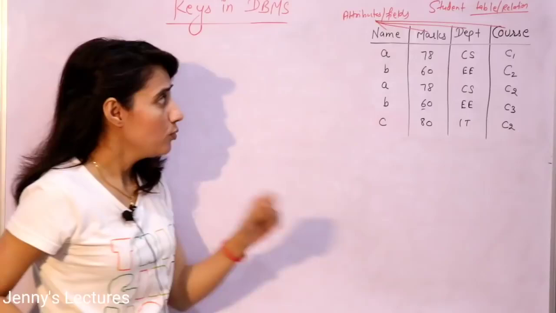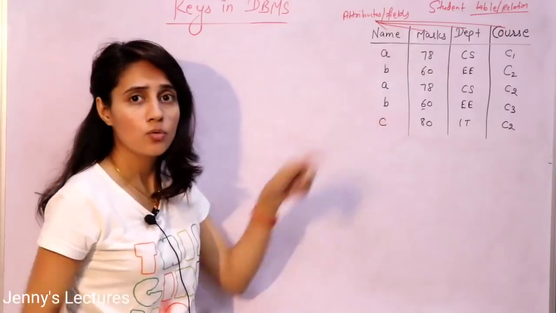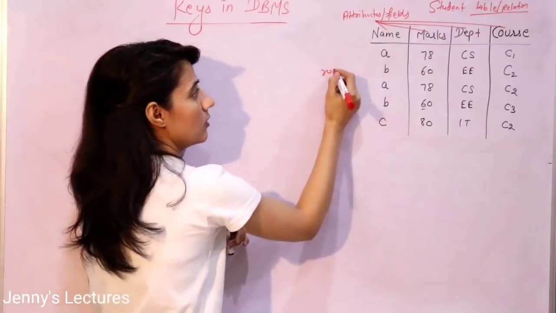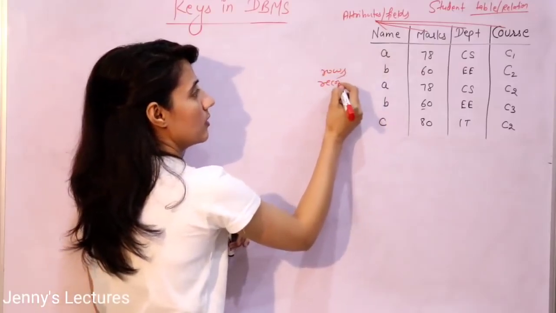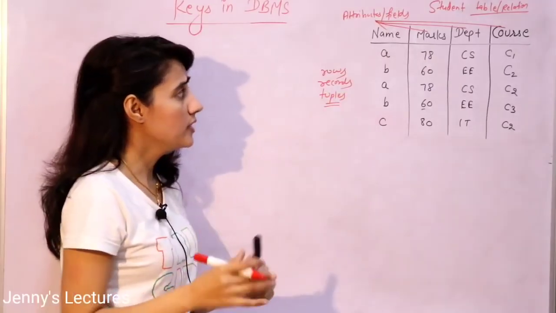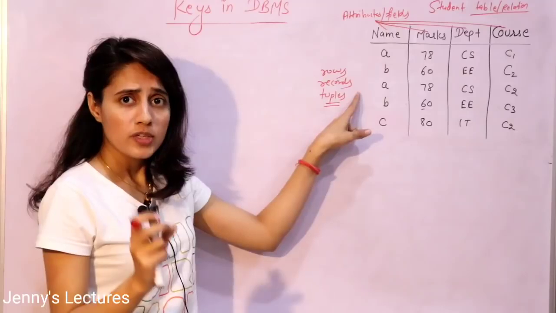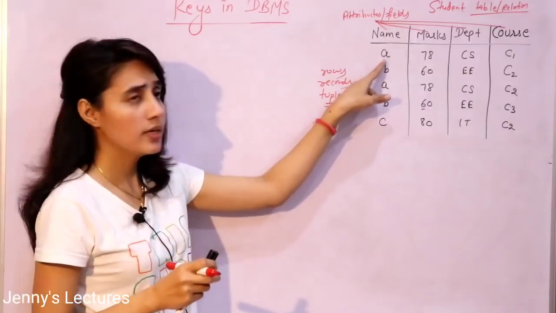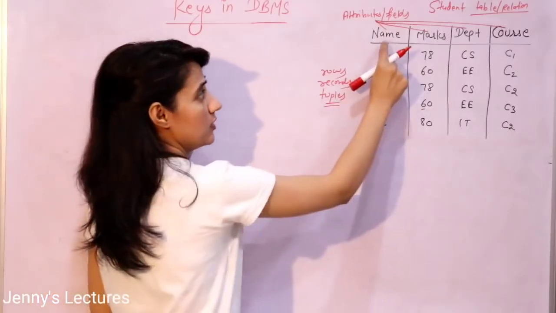Now if I want to access a particular record or particular row, what will you do? These are rows, or you can say records or tuples. Now if I want to fetch a record and the name of the student is A, the name is this one.